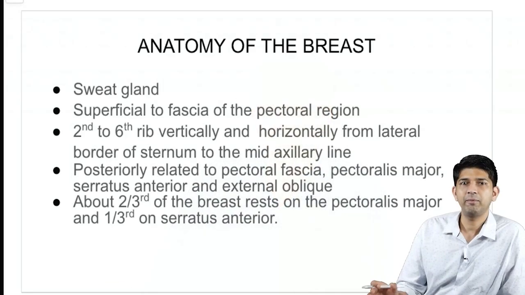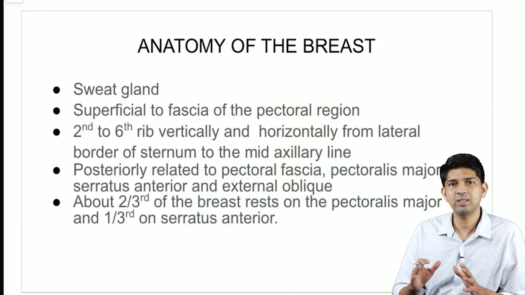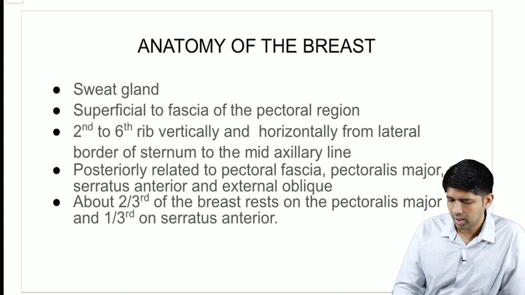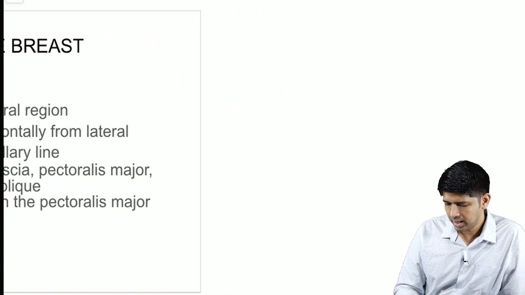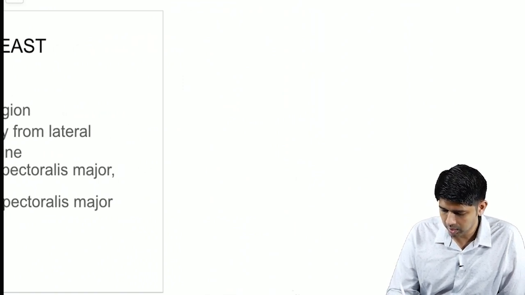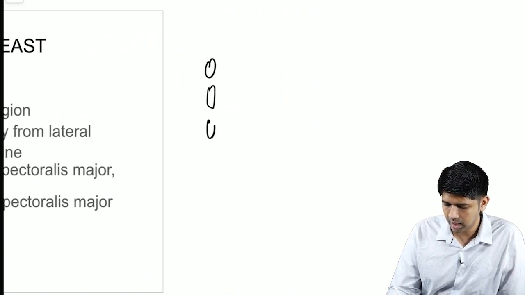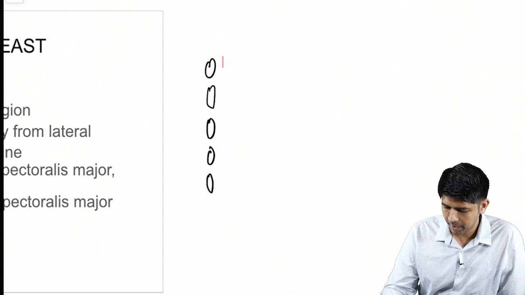So, this is a very important topic. So, let's start off with anatomy of the breast. And when I say anatomy, it's more or less relevant surgical anatomy. Alright. Now, we know that the breast is a modified sweat gland, and it extends from the superficial fascia to the pectoral fascia. Now, these are your intercostal muscles. You're going to have the pectoralis major in front of this.